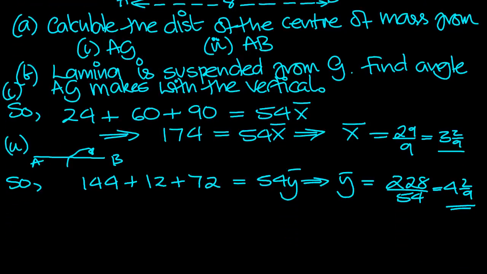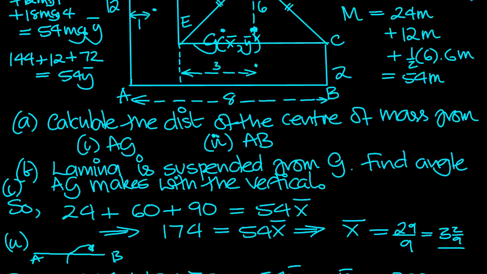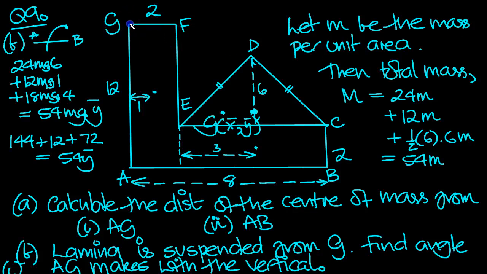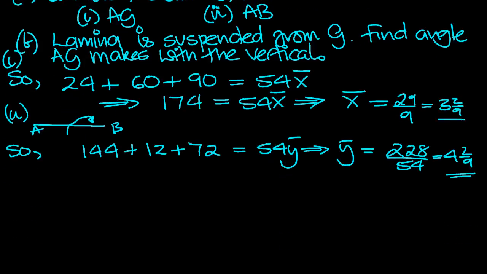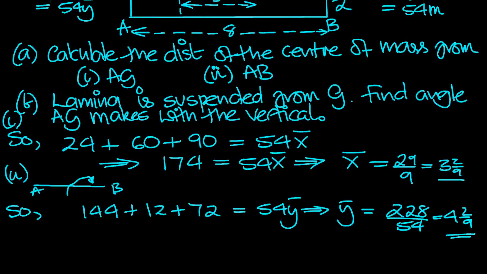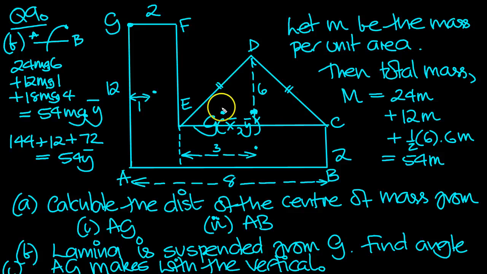So now it says part B, the laminar is suspended from G here. So we've got the distance from here and the distance from there, and we know the total distance. And then it says find the angle AG makes with the vertical. So the vertical line now, if you imagine this is a string, we're going to reorientate the shape, because when you hold it with a string, that's where the vertical line is.